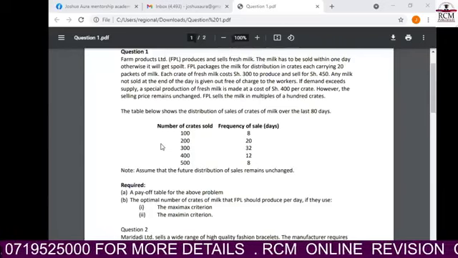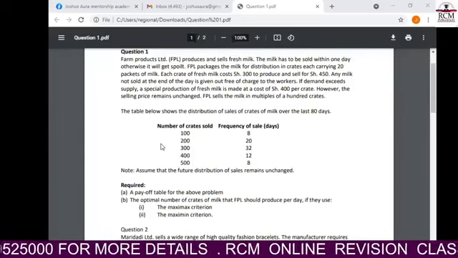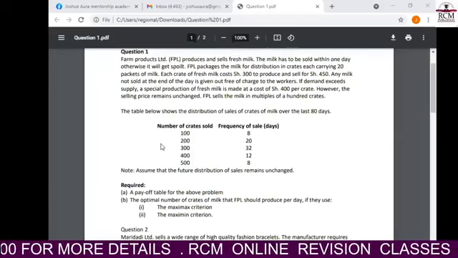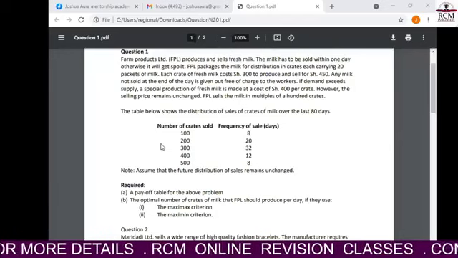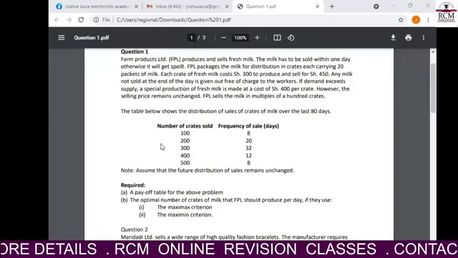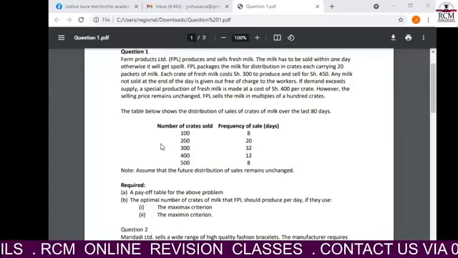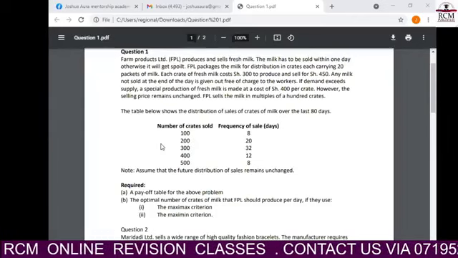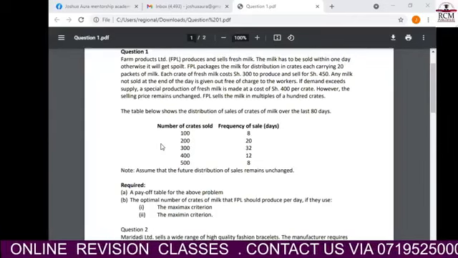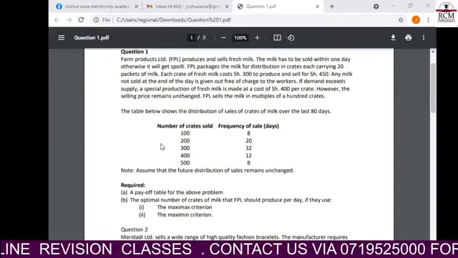Of course, to get these probabilities, I would have used the frequencies: 8, 20, 32, 12, and 8.